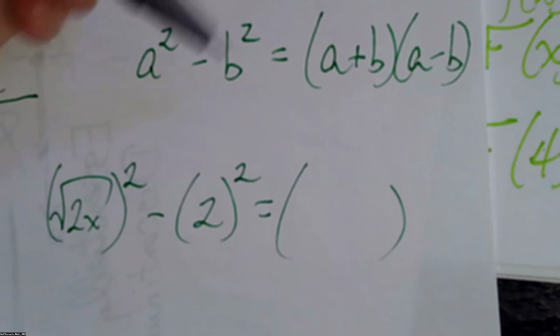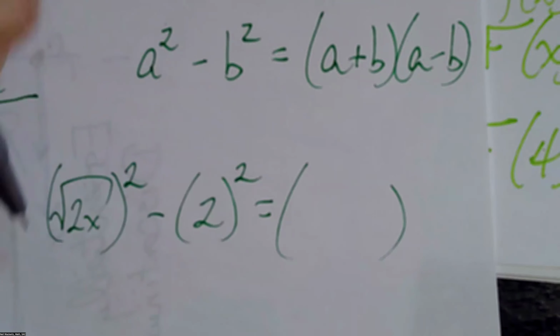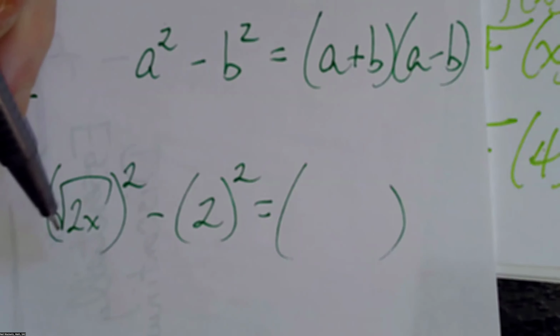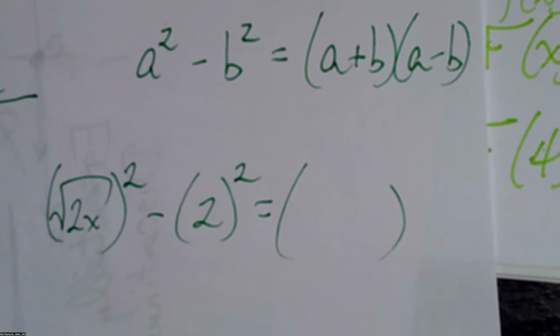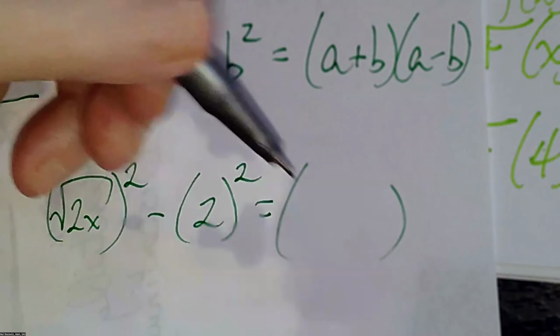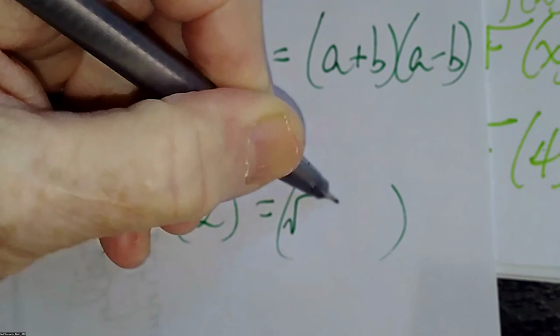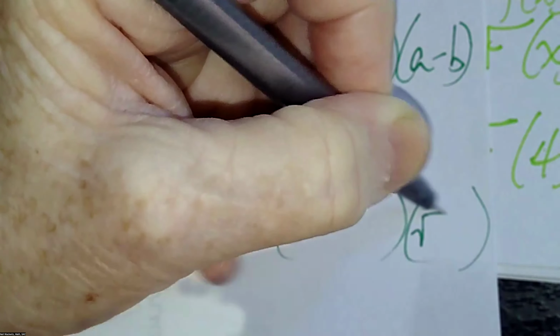So what is a in the square root of 2x all squared minus 2 squared? What is little a? The square root of 2x. Yes. Good. So that'll go in the first spot.